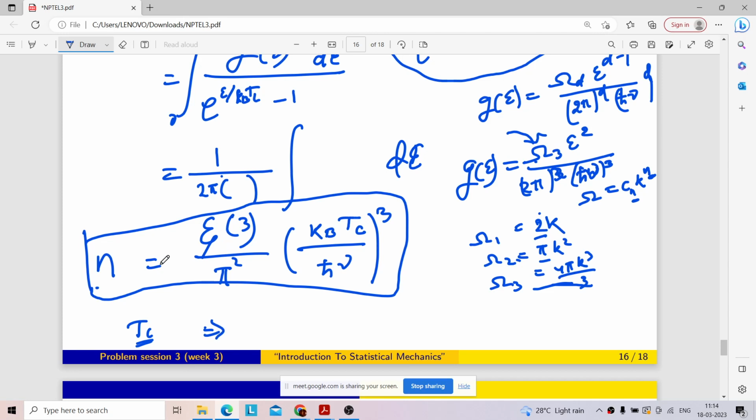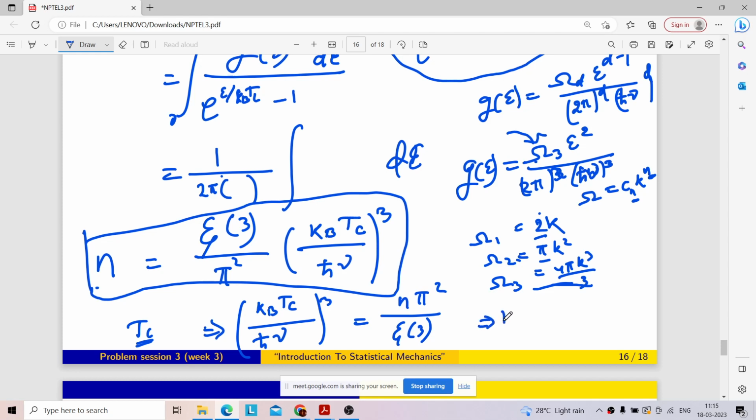We can take all other things to the right hand side. So we'll have (Kb Tc over h cross mu) to the power 3 as n pi square over zeta 3.